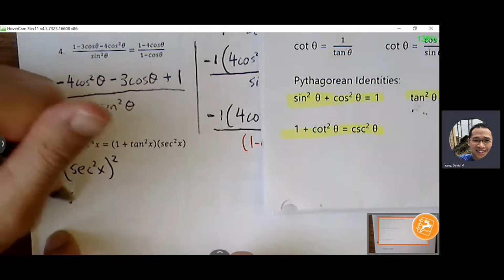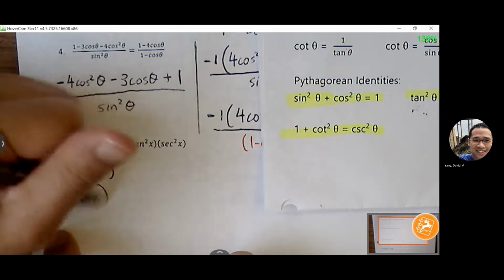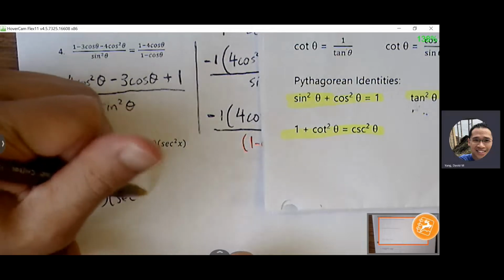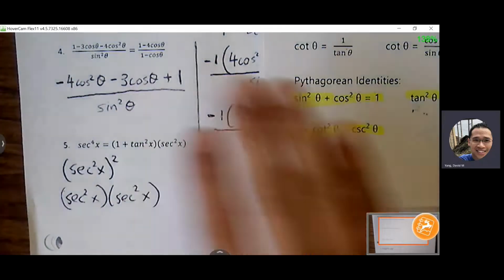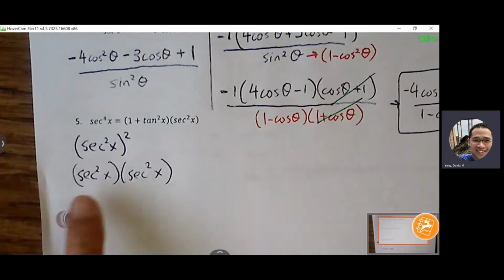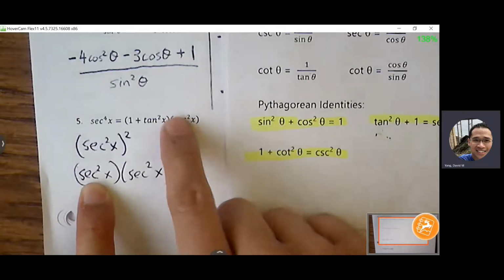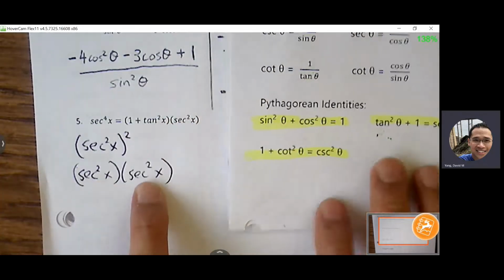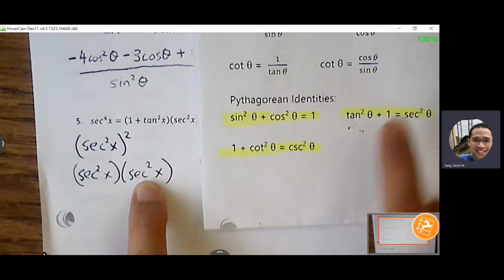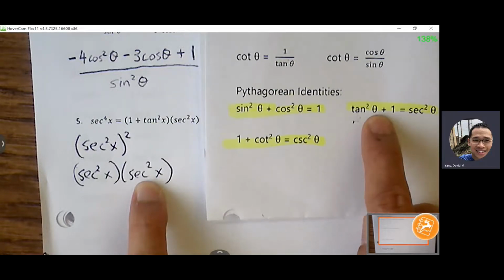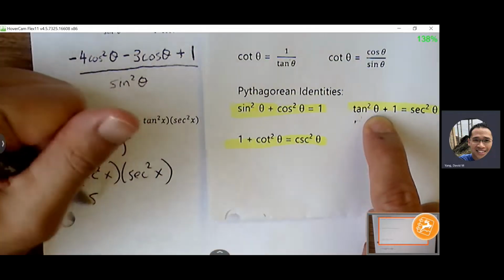Or better yet, just make it secant squared times secant squared. Okay, we already have a part of the end result. We can just turn the other secant squared to what? Yeah, Pythagorean identity, right? 1 plus tangent squared.